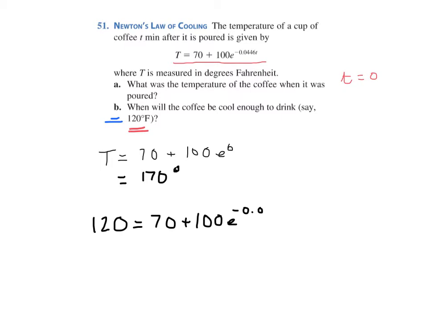And this is an exponential function, and to solve exponential functions, we use logarithms. So we're going to do a little algebra here first. I'm going to subtract 70 from both sides. And I think you'll agree I get a 50 there.